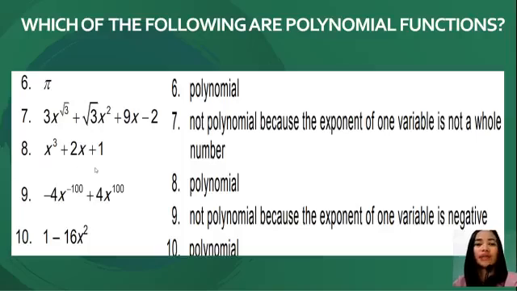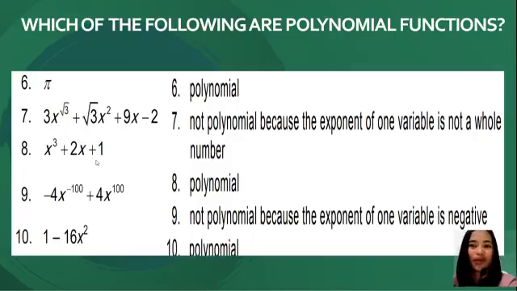On number 9, we have negative 4x raised to negative 100 plus 4x raised to 100. For number 9, this is not a polynomial. Why? Because of the term negative 4x raised to negative 100, our exponent is a negative 100.